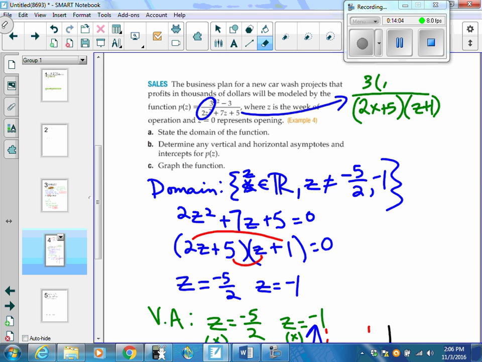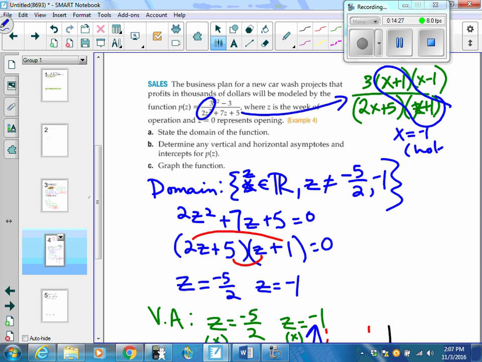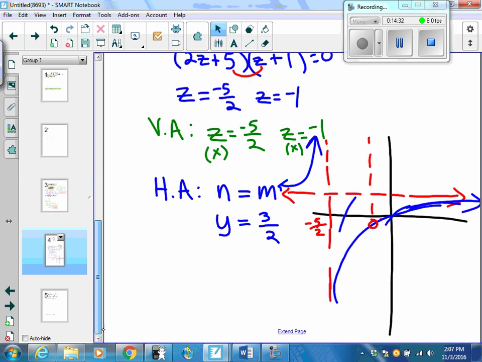That numerator would factor out into x plus 1, x minus 1. This tells me that I don't have a vertical asymptote there, that I actually have a hole where x is equal to -1. It's kind of nice to be able to graph that just so you can confirm it.